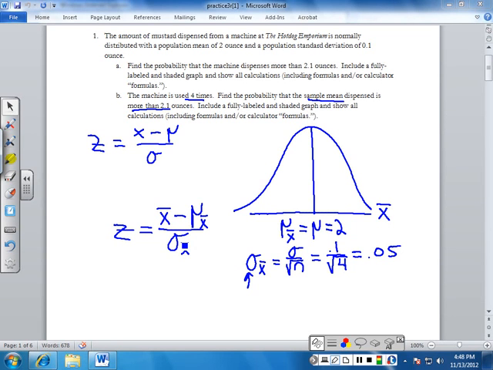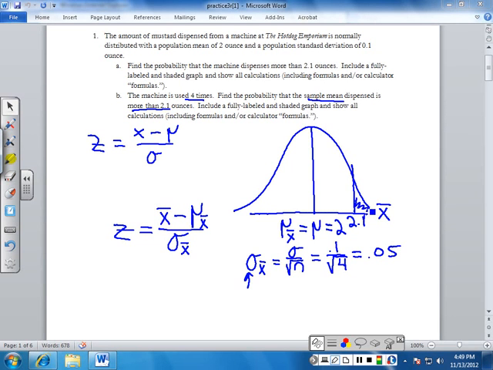So when it's asking for sample means, everything changes. The X goes to X bar, and the mean and the standard deviation are the mean of the X bars and the standard error of the X bars. So we're asking greater than 2.1. So we've still got 2.1 over here, but this time it's an X bar.